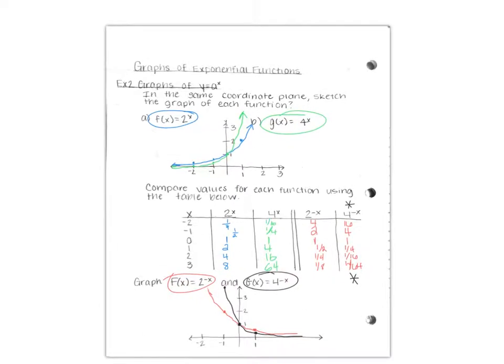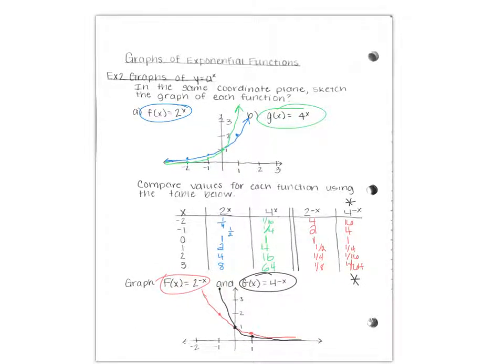If we compare these, we can see that just by making our exponent negative, we've reflected about the y-axis. So we've switched the direction that our graphs are going. And as we get into this later, you'll notice that up at the top, we have what we call exponential growth.